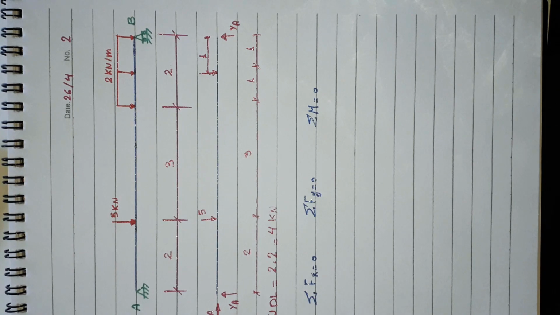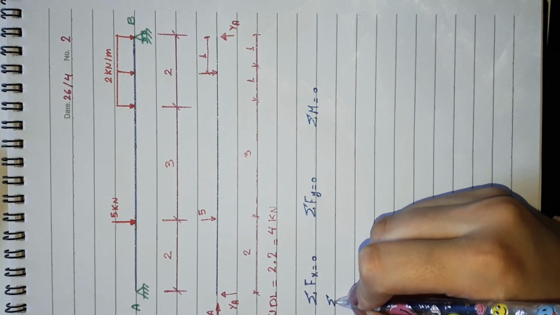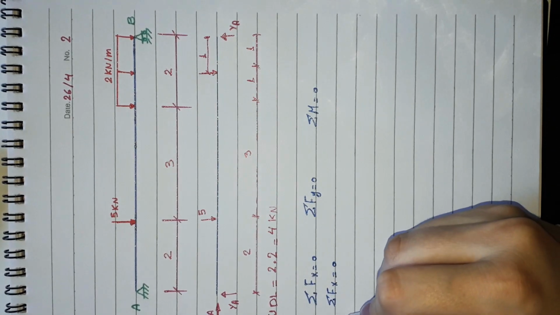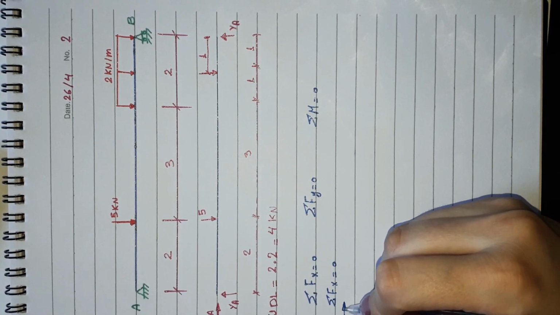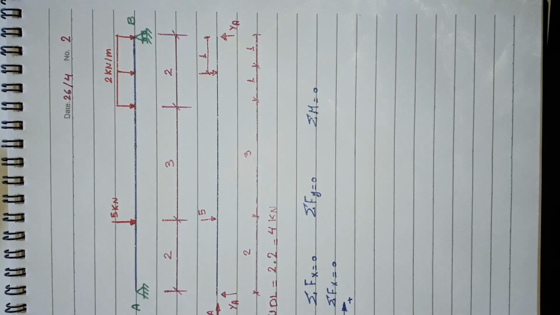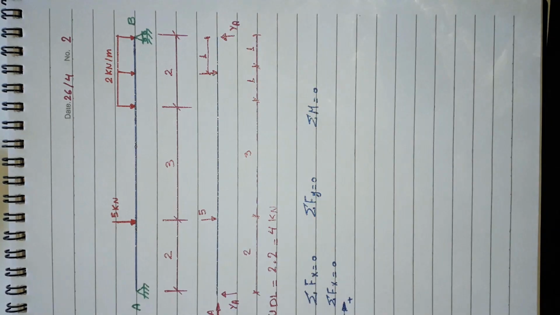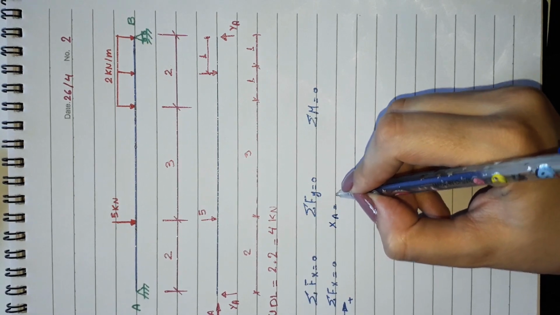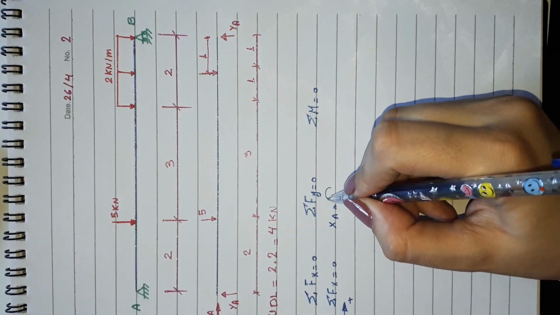We will start with the sum of the forces in the x direction equals 0, and I will assume that the positive direction is to the right. As you see, there are no forces acting in the x direction, so we easily write XA equals 0.